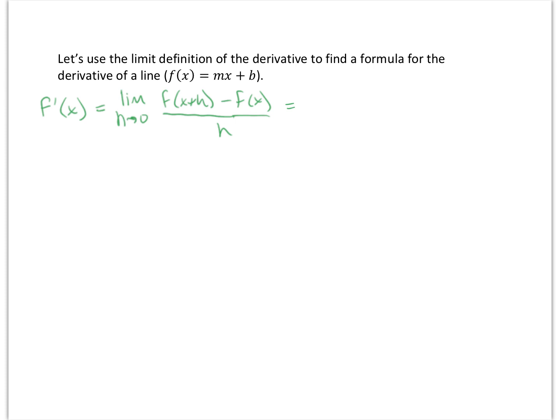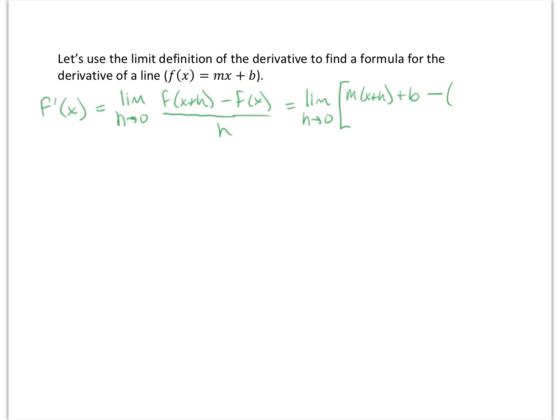So this is going to be the limit as h goes to 0 of m times x plus h plus b, minus f of x, which is actually a formula, mx plus b. In our previous lecture, this was a number because we would plug a number into f, but now f of x represents a whole formula, mx plus b.